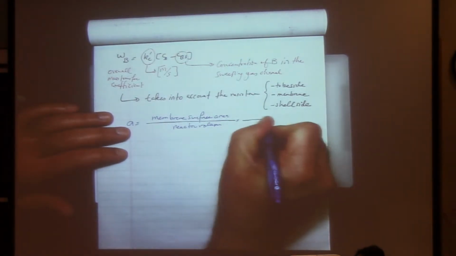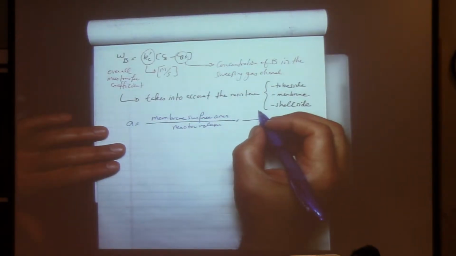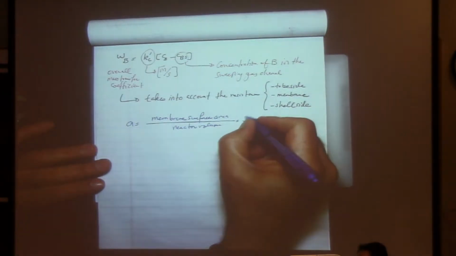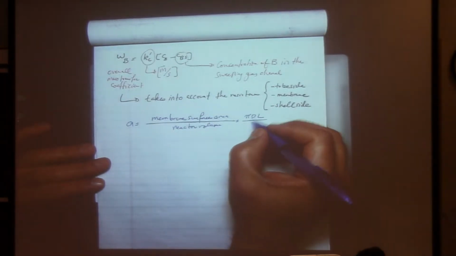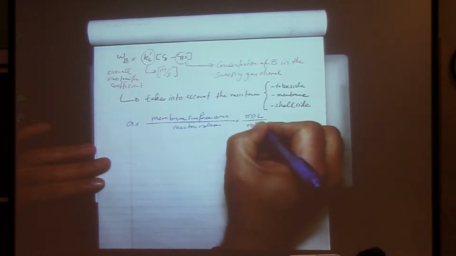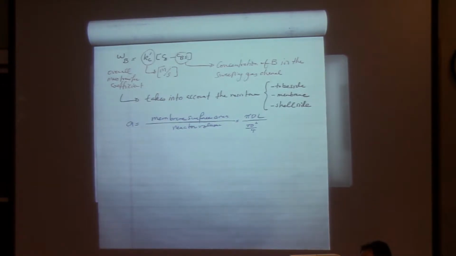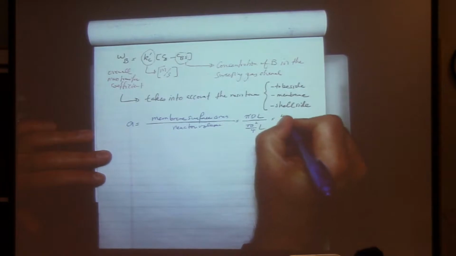If you write it down for a tubular pipe, what is the surface area of the membrane? The membrane is around the tube, so it is pi d L, right? Correct. And what is the reactor volume? It's pi d squared over 4, which is the area of the circle, times the length. So a would be 4 over d.